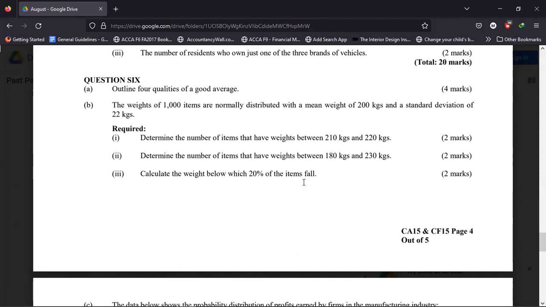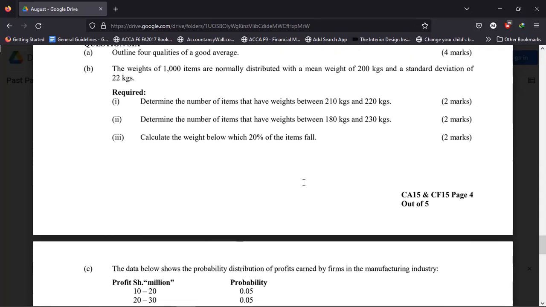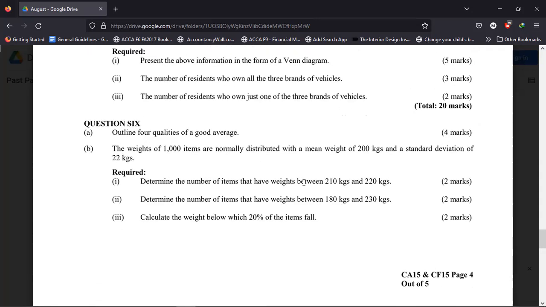Required: 1, determine the number of items that have weights between 210 kgs and 220 kgs. 2, determine the number of items that have weights between 180 kgs and 230 kgs. 3, calculate the weight below which 20% of the items fall. Now, very good. The examiner has already given us a good question there, and he has given us a good problem that we can be able to solve.